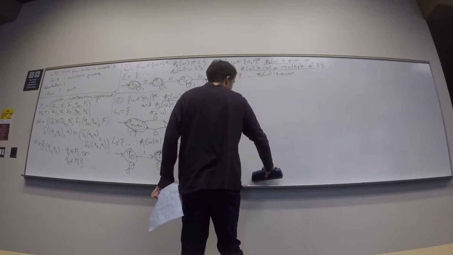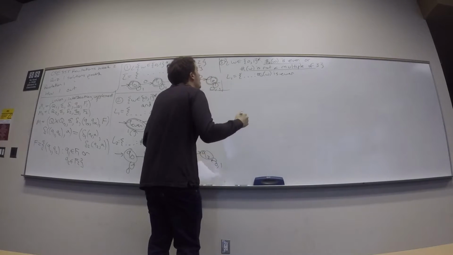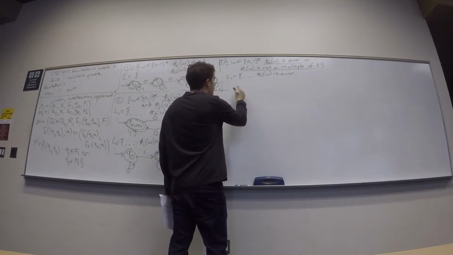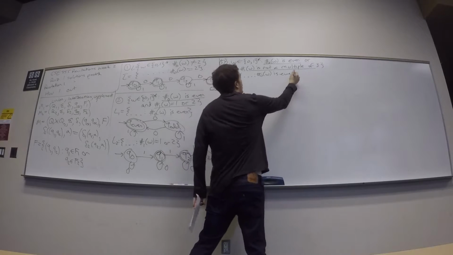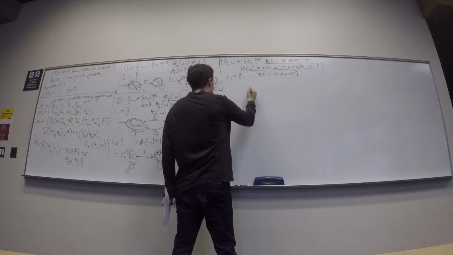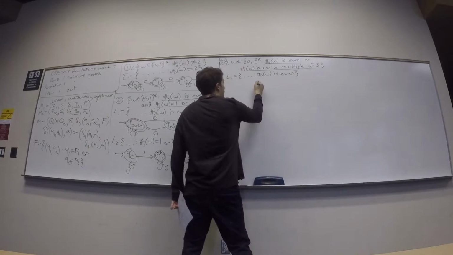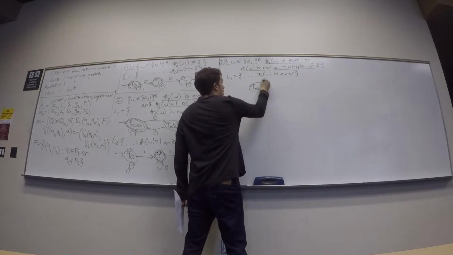So I'm going to write it in a kind of weird way, but it'll actually be very useful. So this is the language I want, and then I'm just going to copy and paste the DFA over here. So do even.